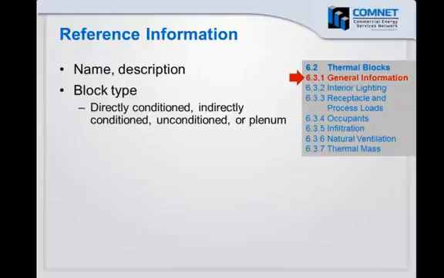Every thermal block needs to be designated as directly conditioned, which would be most of them, or indirectly conditioned, which would be, for instance, an enclosed stairwell that doesn't have a direct source of heating or cooling, but is basically heated or cooled by its proximity to other conditioned spaces. A thermal block can be unconditioned, for instance, a basement or a parking garage, or it can be a plenum. So those are the 4 block types that are represented.